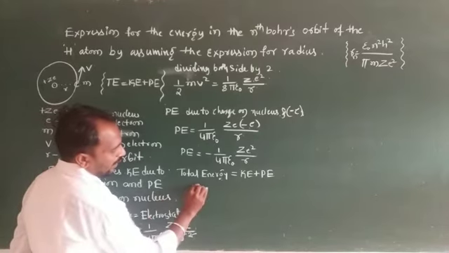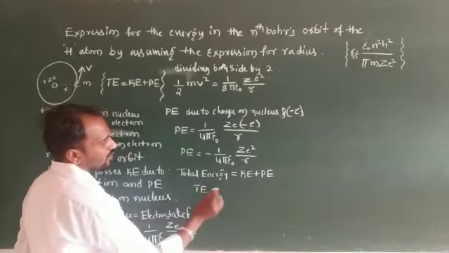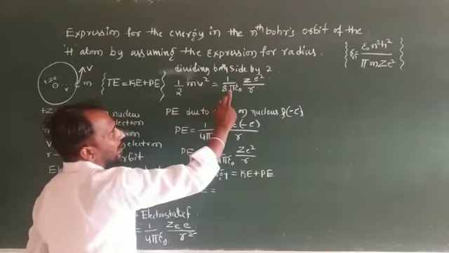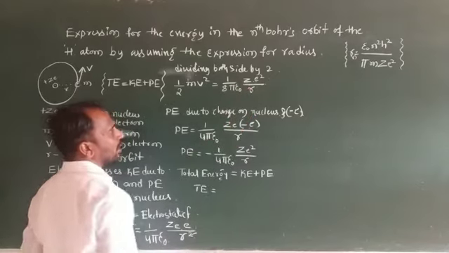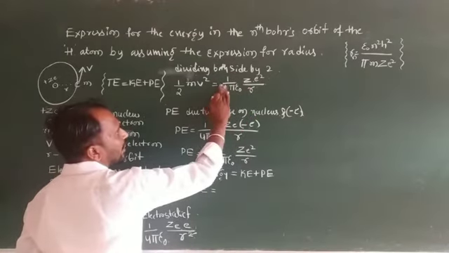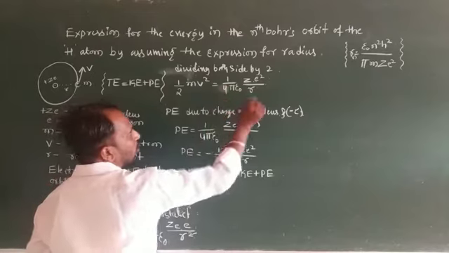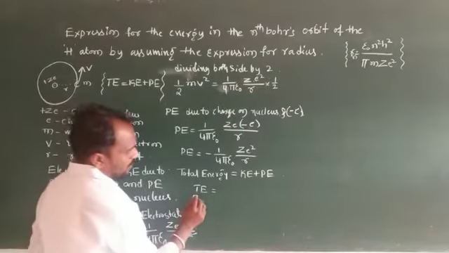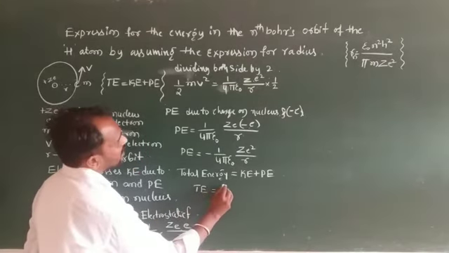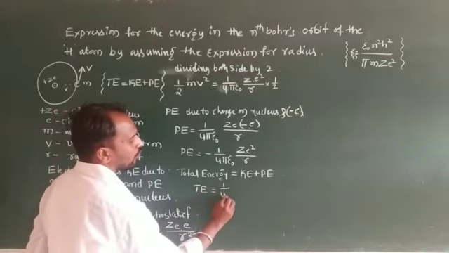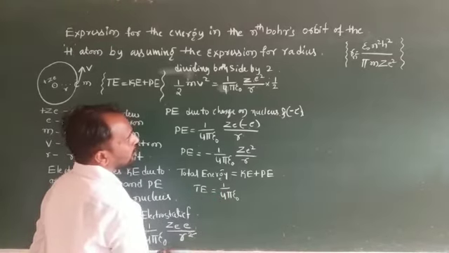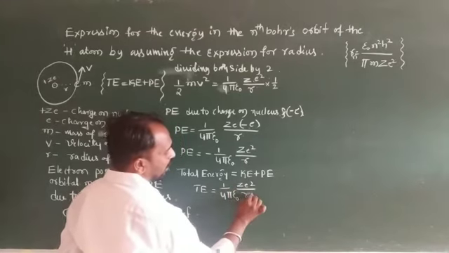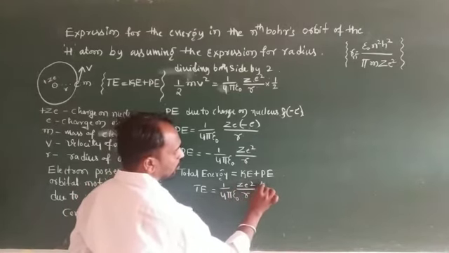So total energy is equal to the first one, kinetic energy. Kinetic energy, half mv square, means 1 by 8 pi epsilon naught Z E square divided by R. I will write this equation as 1 by 4 pi epsilon naught into 1 by 2, both are the same. So total energy is equal to, first, kinetic energy, 1 by 4 pi epsilon naught Z E square divided by R into 1 by 2.